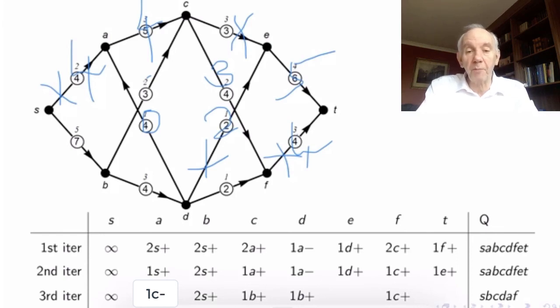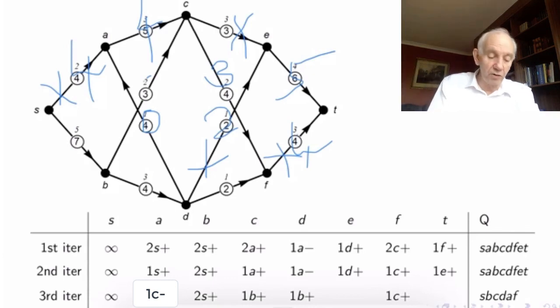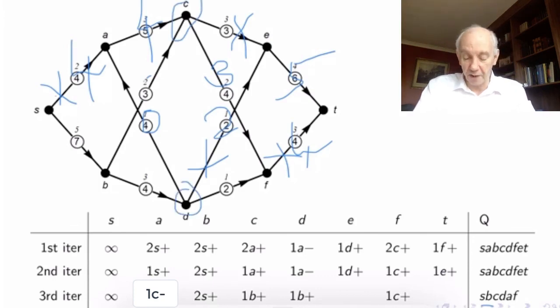Now we can try a third iteration. I'm not going to go through the details, but what happens is you can start. When you start the queue, A is no longer in the queue because this edge is saturated, but you get B in the queue. And you can start labeling. B can see both C and D because there are forward edges with spare capacity.